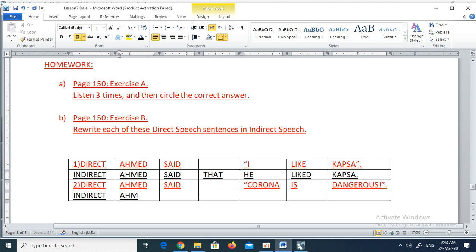Now, if we have to make this indirect speech, again, the subject of our main clause is Ahmed. Ahmed said. We can use that. We don't have to use that. You can use it or not. It is up to you.